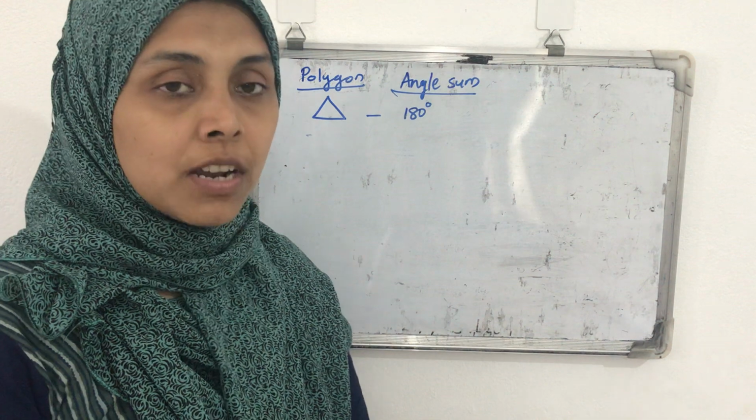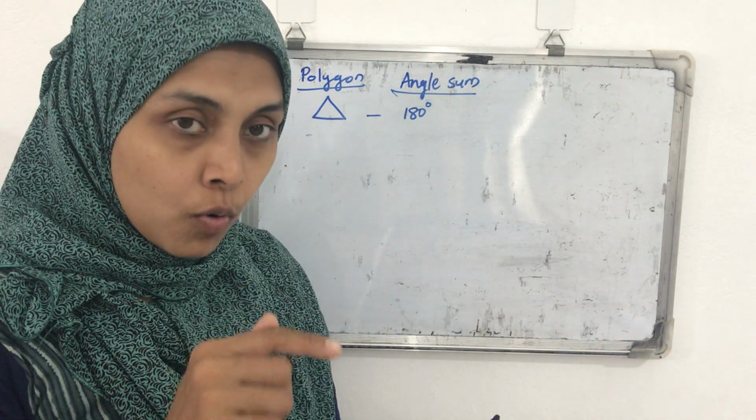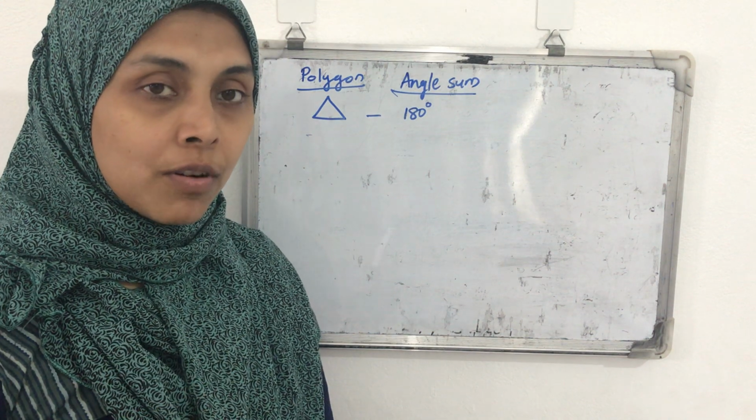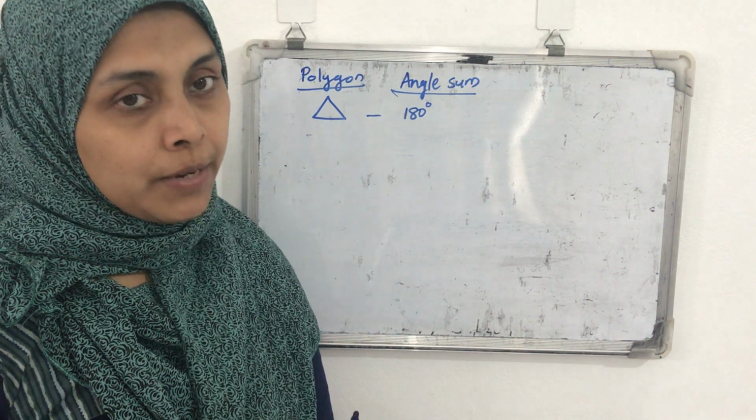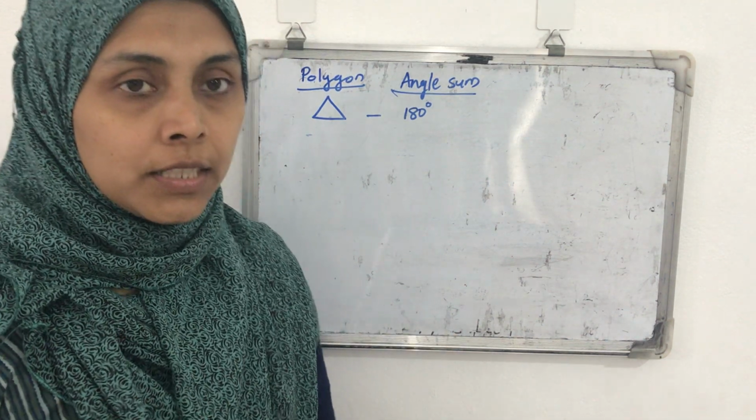And one activity we also did to prove that the sum of the four angles of a quadrilateral will be 360. Now we can discuss another polygon.